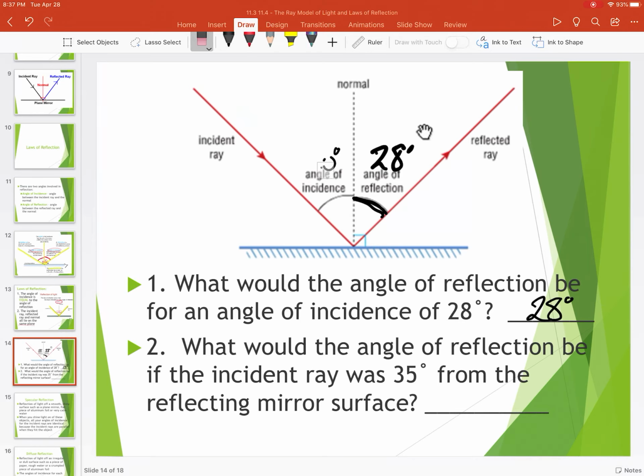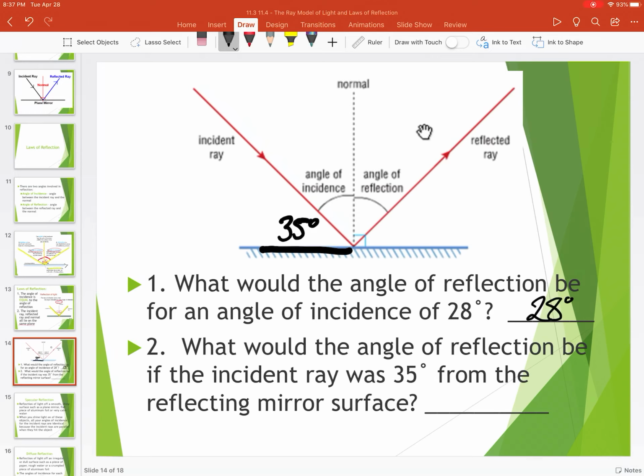Question 2 asks, what would the angle of reflection be if the incident ray was 35 degrees from the reflecting mirror surface? Now it's not telling us one of the angles, it's telling us that from the reflective surface on towards that incident ray, it's 35 degrees.